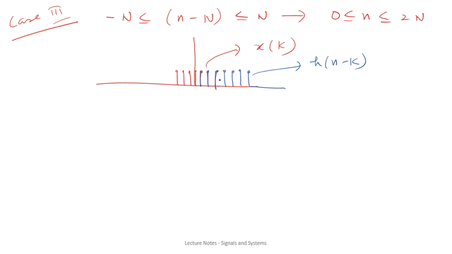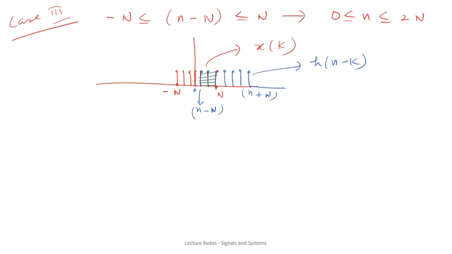Now from here you can see the common period between these two signals is this. You can also write the limits for this x[k]. This is minus N, this is plus N, whereas this is n plus N, and this point, this is n minus N. Okay, and obviously this is 0.